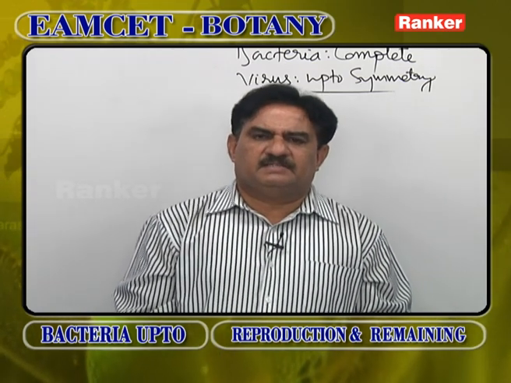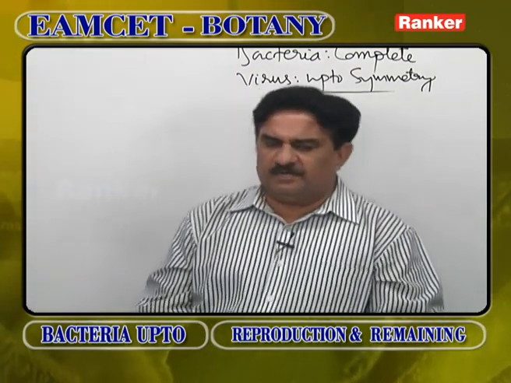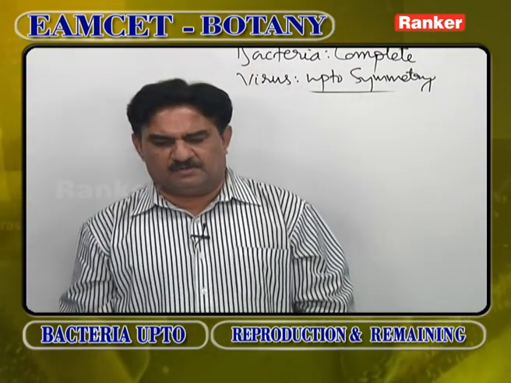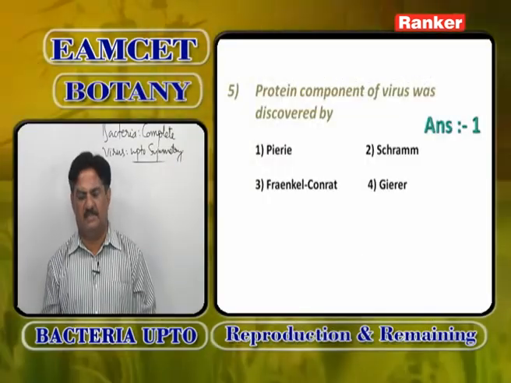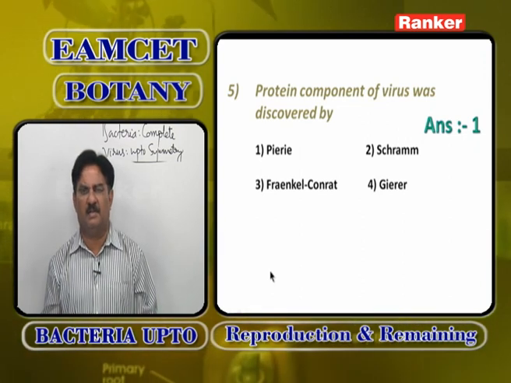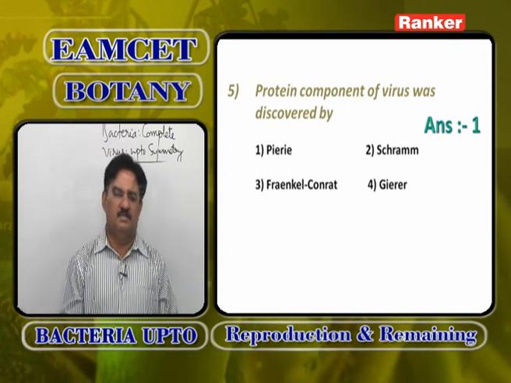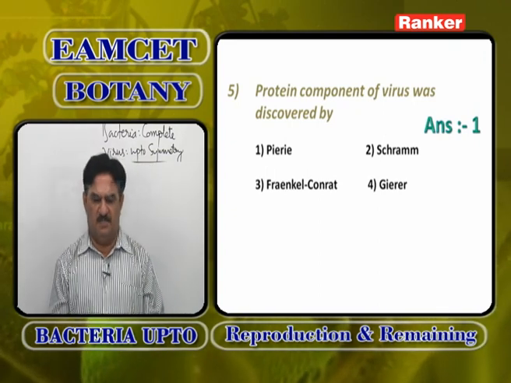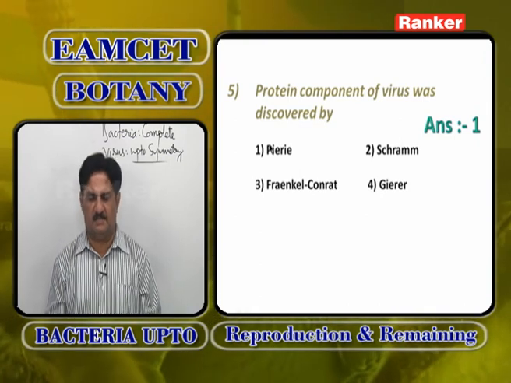They have a nucleic acid, either DNA or RNA, surrounded by a protein coat called the capsid. So, Bawden and Pirie proved the protein nature of viruses. Schramm and Franklin Conrad proved the genetic nature of RNA in plant viruses. Gierer and Schramm, as I just told, showed the genetic material of virus is not only genetic material but also an infectious agent. So, the fifth question answer is 1.